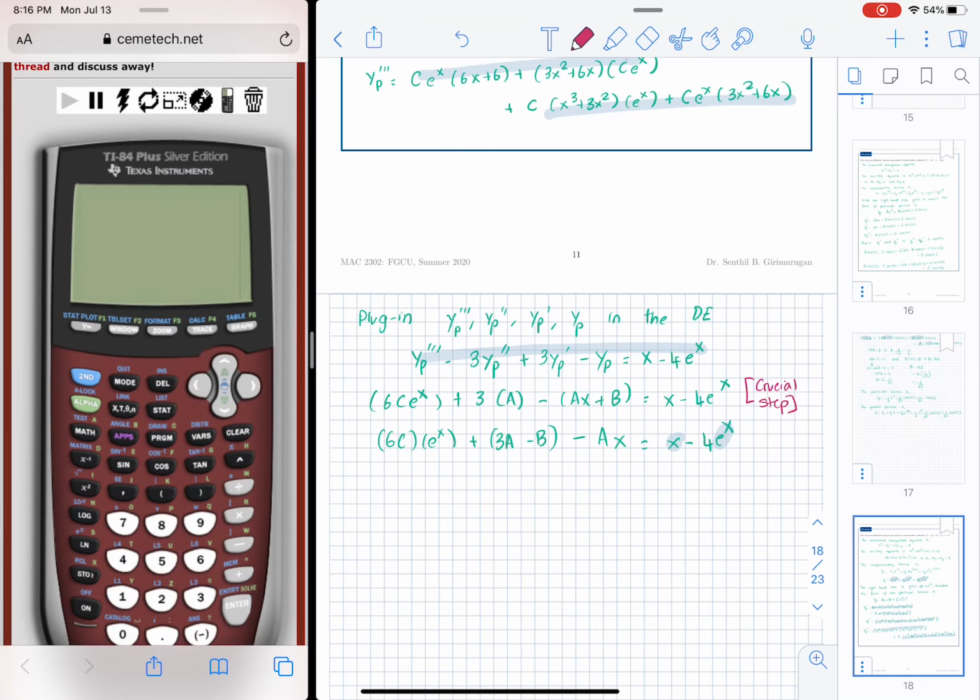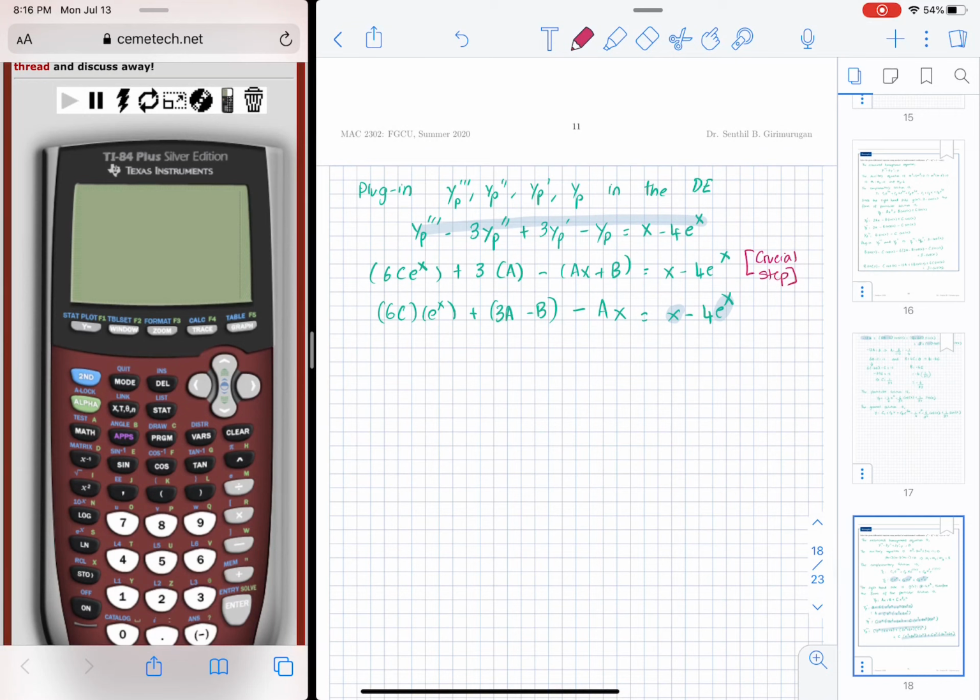So now by direct comparison, I can see negative a must equal 1. There is no constant term here, so 3a minus b would equal 0. And the coefficient here for e raised x is 4. And on the left-hand side, it is 6c.